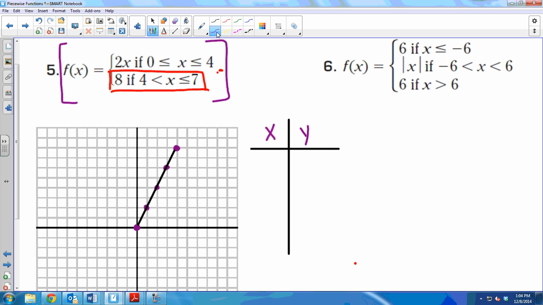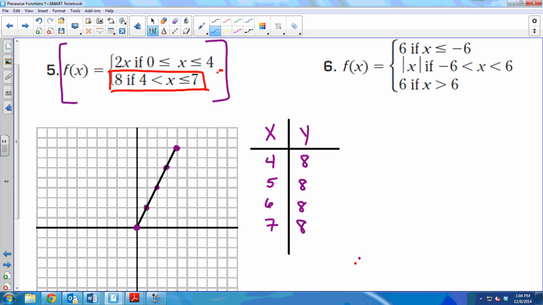We're just going to have an open circle later. Okay? That's fine. So 4, 5, 6, and 7. Right? Now, the equation says y equals 8. Not 8x, just y equals 8. So that means y is always 8.